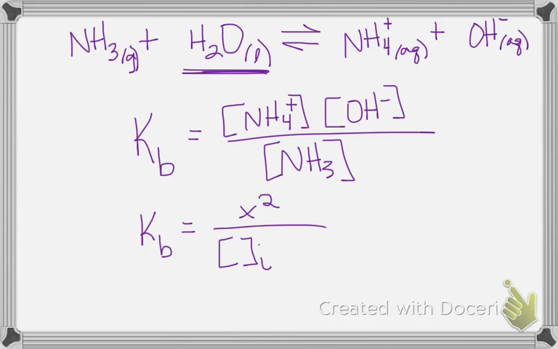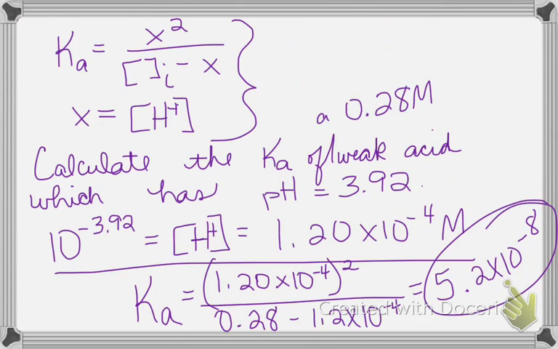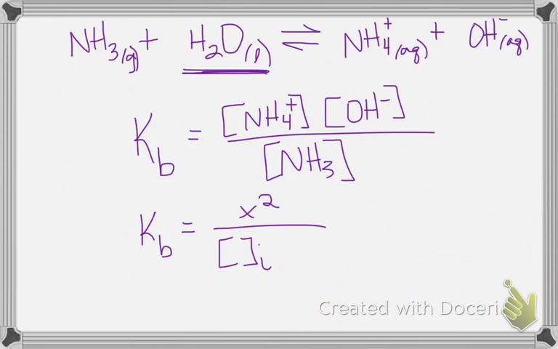It's a lot like a weak acid, except you have to watch something. For a weak acid Ka, x was equal to the hydrogen ion concentration, right? But when we're doing weak bases, x is equal to the hydroxide ion concentration. Can you get from there to pH?